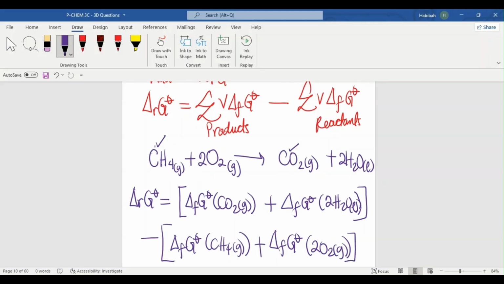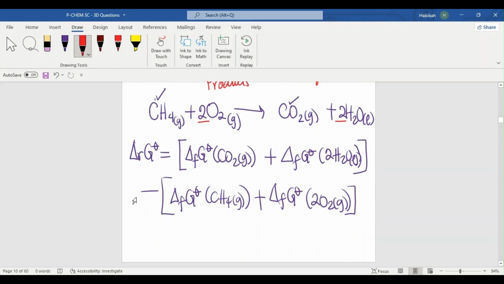I want to quickly mention something very important. You see this V here and this V here; they represent the coefficients of the products and reactants. In this case, the coefficient for CH4 is 1 and the coefficient for CO2 is 1, but the coefficient for both O2 gas and H2O liquid is 2. So we have to take that into consideration, meaning we have to rewrite our formula.